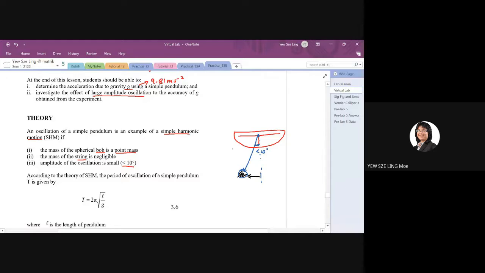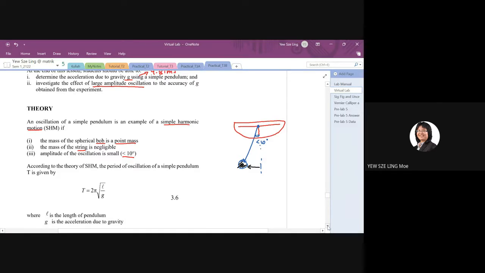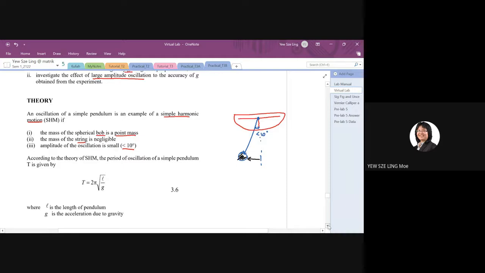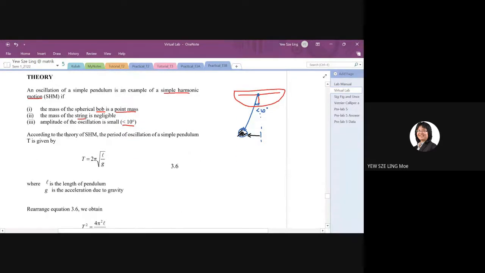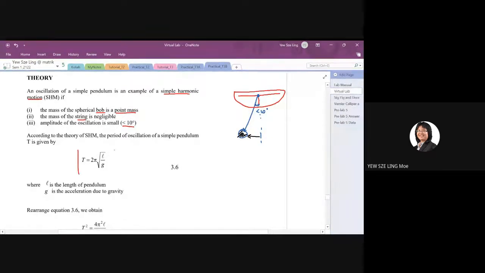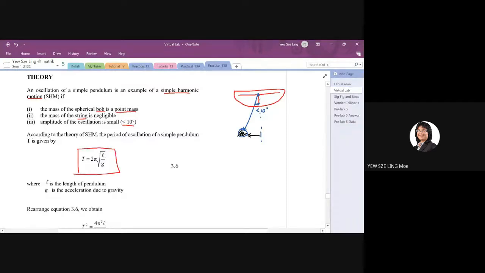So you're going to see what happens if you conduct this experiment at an angle larger than 10 degrees. That is our second objective. So theory, we are done with the assumption. According to the theory, the period of oscillation is given by T equals 2 pi square root of L over g.